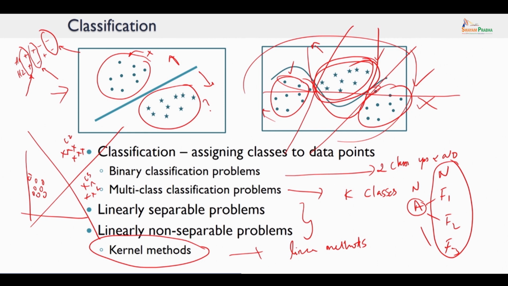So the idea here is that if you choose certain forms of nonlinear functions which obey certain rules, and those rules typically are called kernel tricks, then you could use whatever we use in terms of hyperplanes, those ideas, for solving those class of problems. So kernel methods are important when we have linearly non-separable problems.